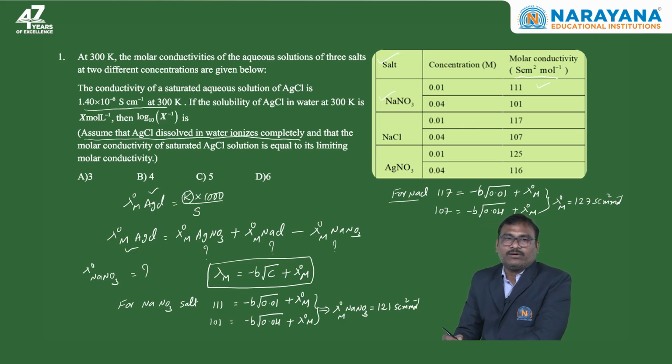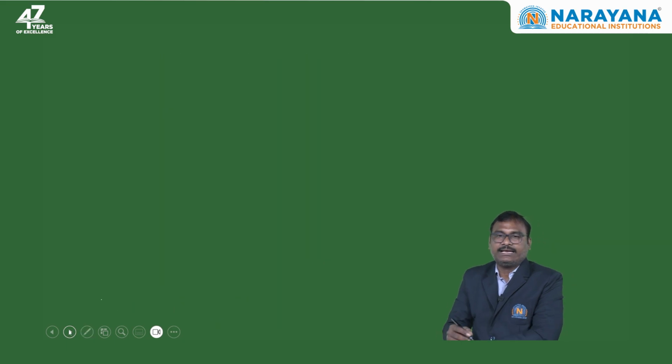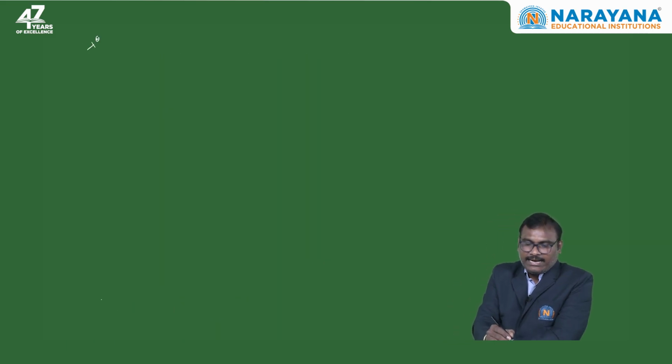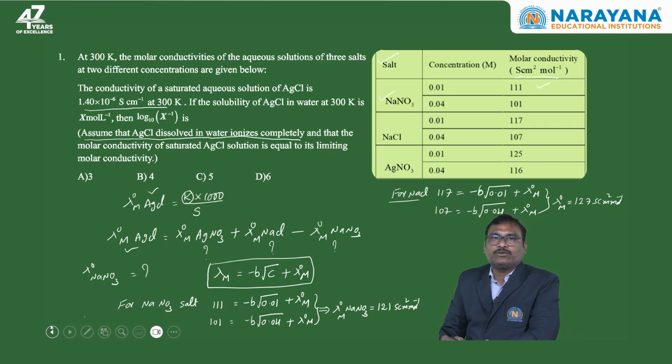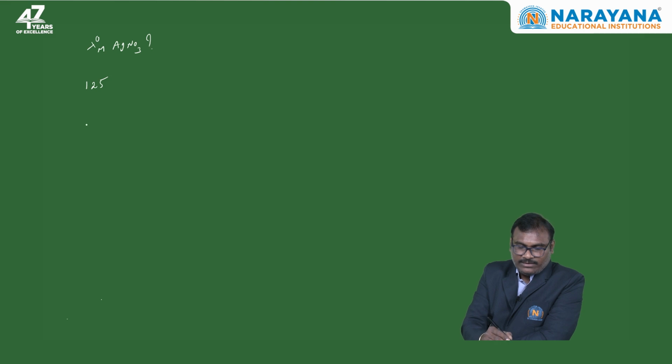Likewise we have to find out lambda naught m of AgNO3. Previously it was given 125 and 116, at 0.01 and at 0.04.